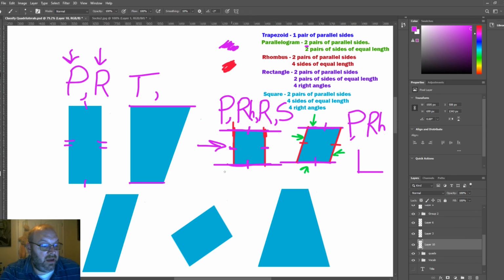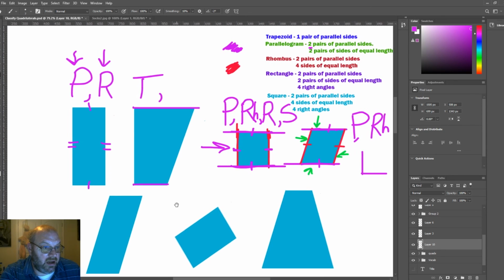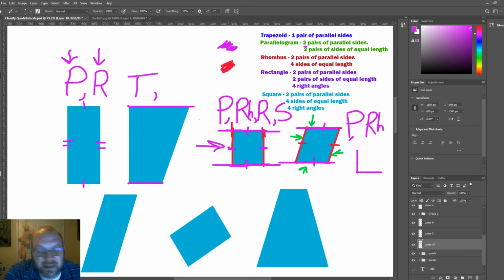Okay, now down here, I don't want to move that too much because even I need these definitions, guys. It can get confusing. Okay, is this a trapezoid? One pair of parallel sides? No, it has more than one pair of parallel sides. Parallelogram, two pairs of parallel sides. Let's look.